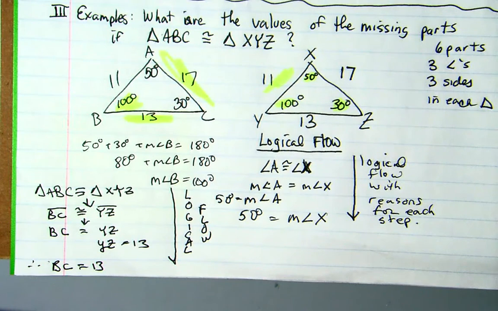No crazy arguments, no illegal mathematics. It's all based on your theorems, your postulates, your laws. Corresponding parts of congruent triangles are congruent. That's a theorem. The definition of congruent triangles, stuff like that. It's all based off of these reasons why things happen the way that they do.